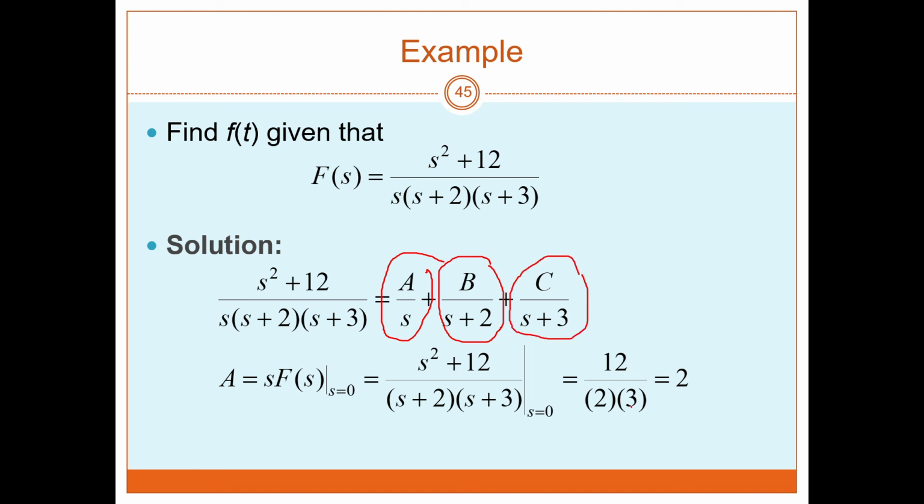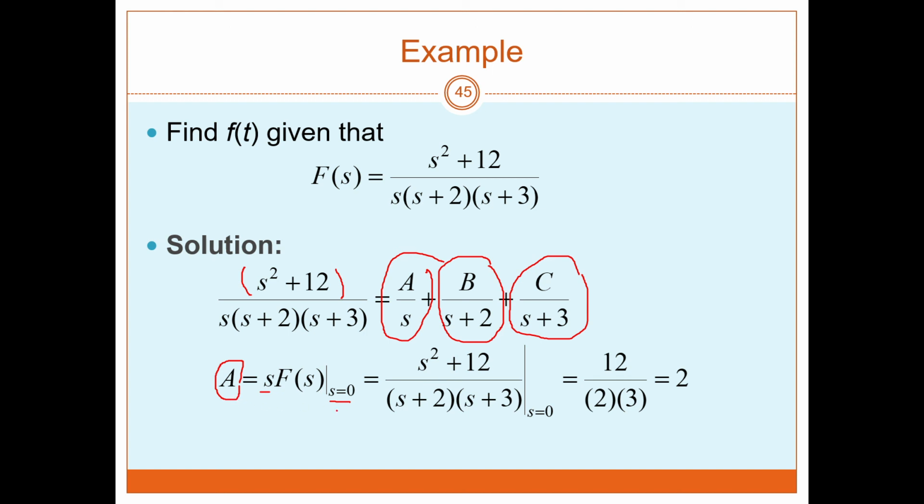Now we want to equate this and identify what A, B, and C are. For A, we make s equal to 0, so we take out s, because we want to find A.